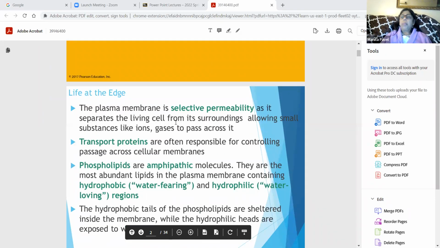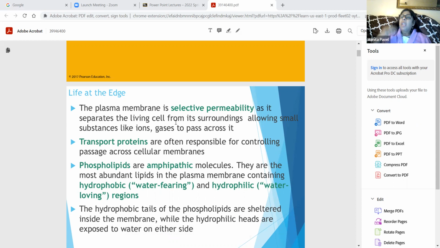So our plasma membrane is said to be either selectively permeable or differentially permeable or semi-permeable, which means that it's going to select or choose small substances in the form of ions or gases to move across it.